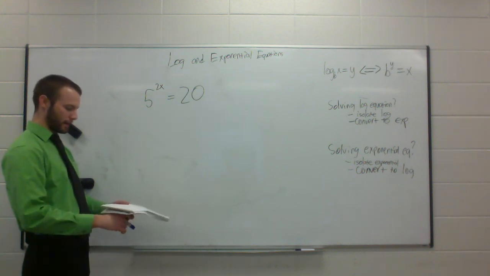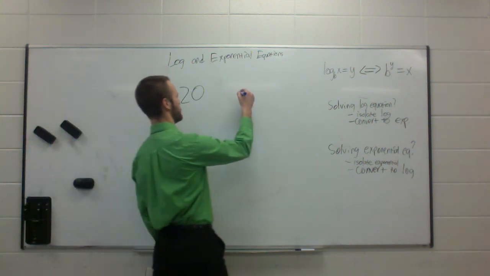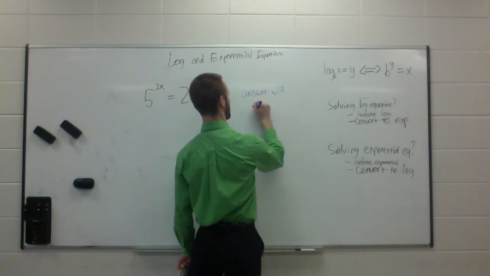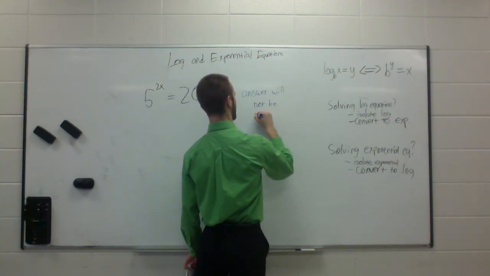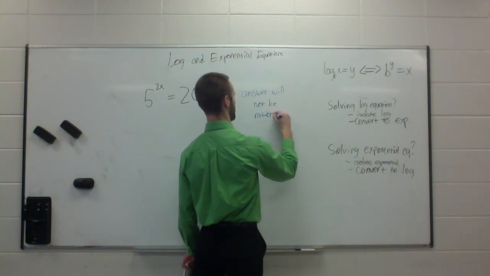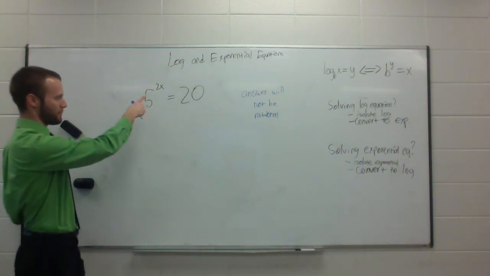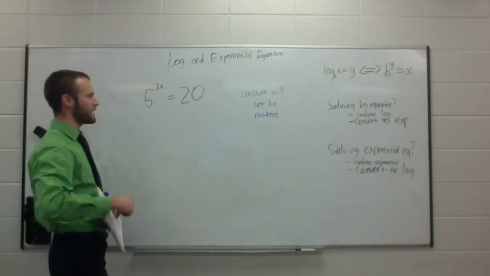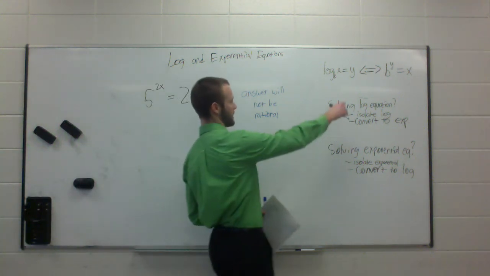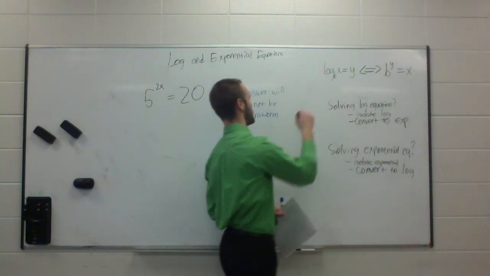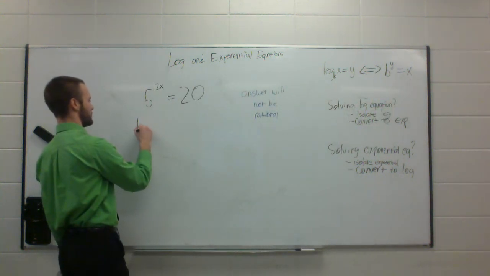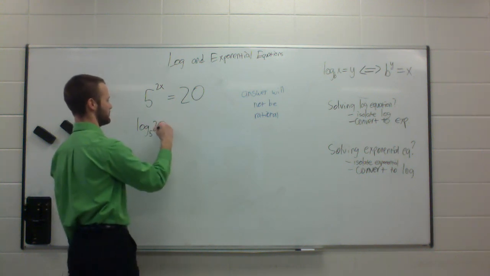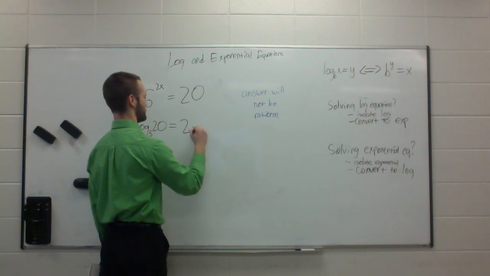So we know right away this answer is not going to be a whole number, or even a rational number. And this is because 20 is not a power of 5, at least not an integer power of 5. But we still apply the same property. It's an exponential equation, so we're going to convert it to log form. So we're going to have log base 5 of 20 equals 2x.